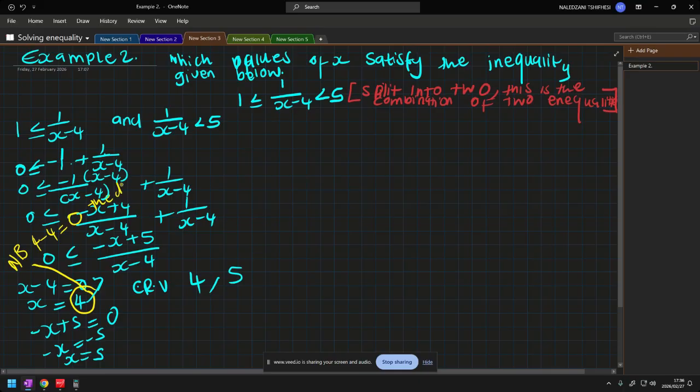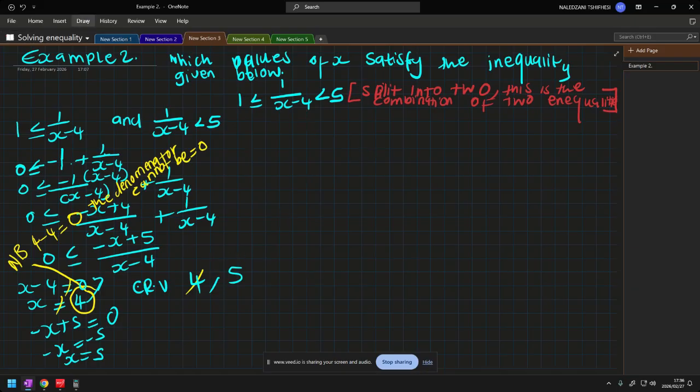Remember, the denominator cannot be 0. So x cannot be equal to 4, we're going to exclude that one, and then we're going to take only 5, right? So let's go to the next.